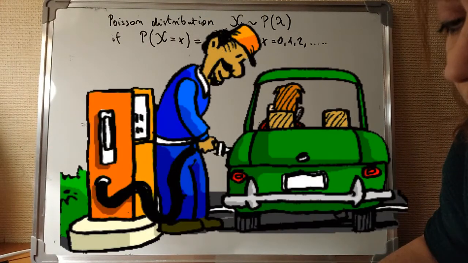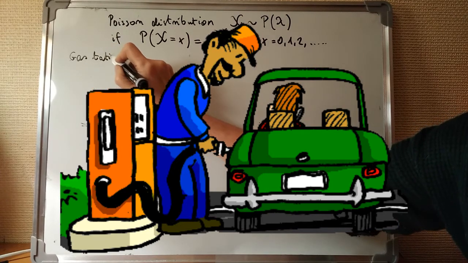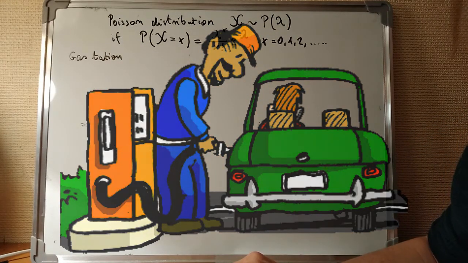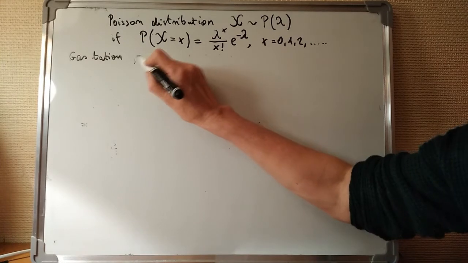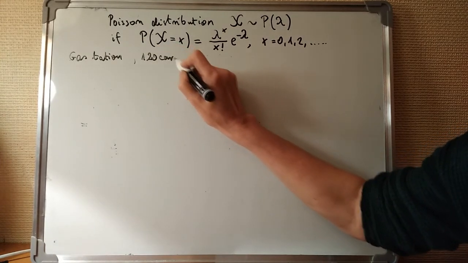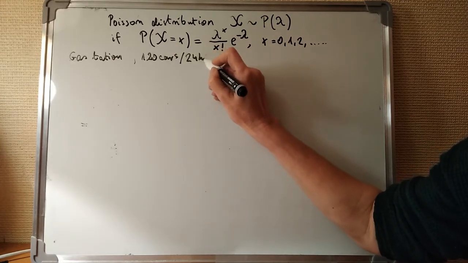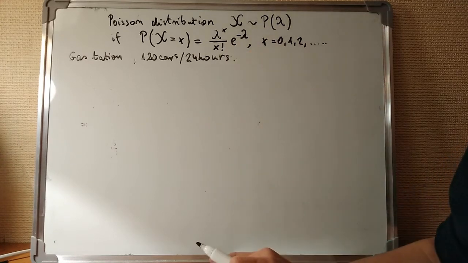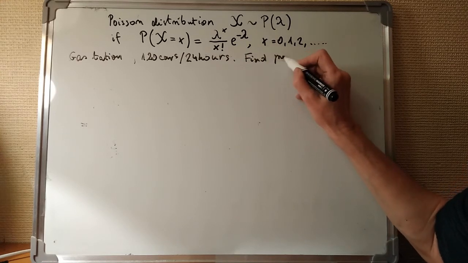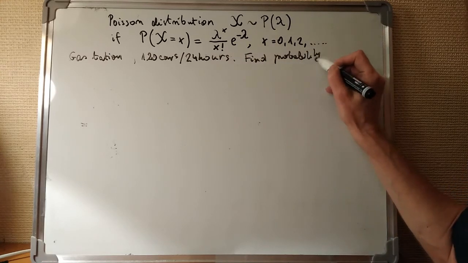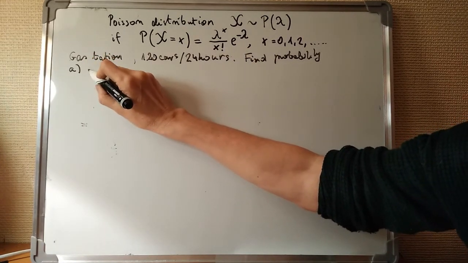Next example. Jim has a gas station in Ohio, and the station is passed by about 120 cars per 24 hours on average. We have to find the probabilities. First, no cars within the next hour.